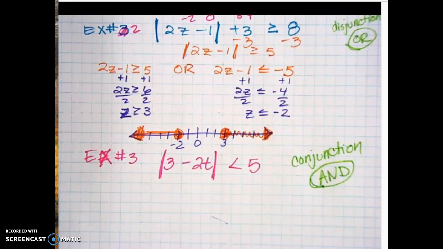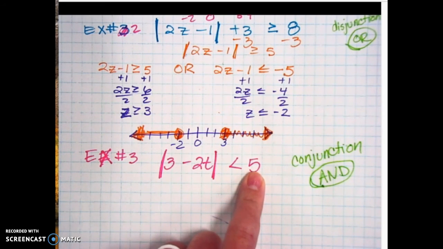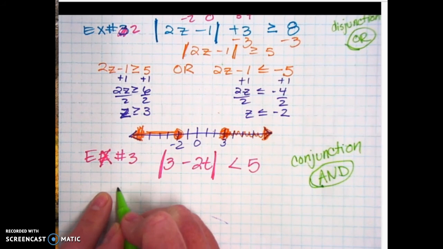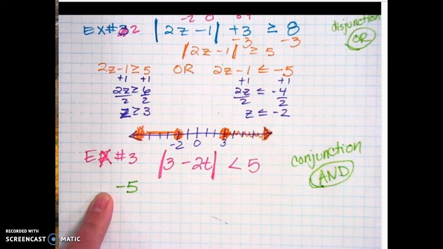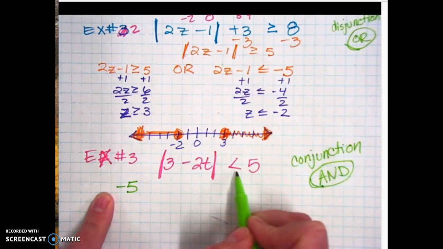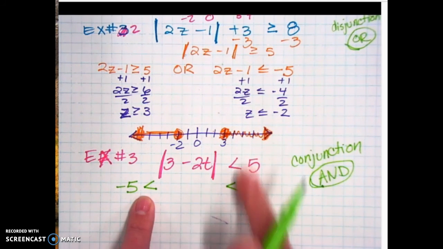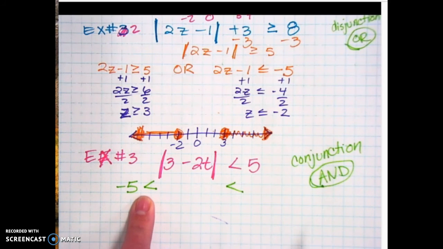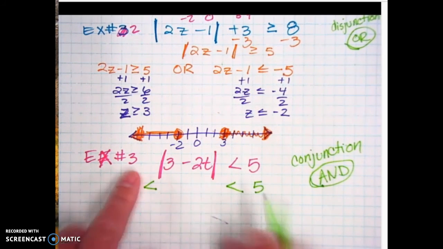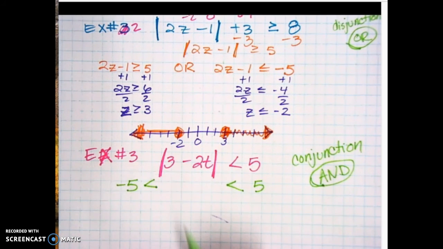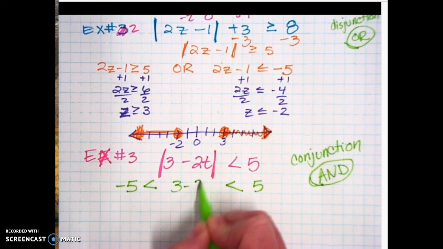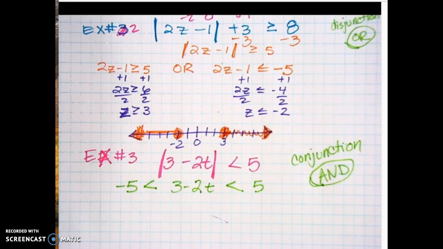So you can write it as 2 separate ones and put an and in the middle, or you can make it the 3-part and one. And the way to do that is to take that 5, slide it out front, and change the sign to negative 5. Keep the same inequality you have there. Okay, so they should both be less than, so both pointing the same direction. And then in the middle, you're just going to have the 3 minus 2t in the middle.